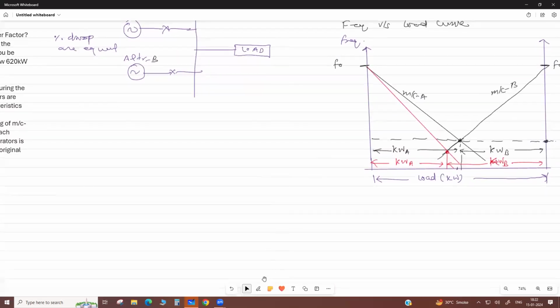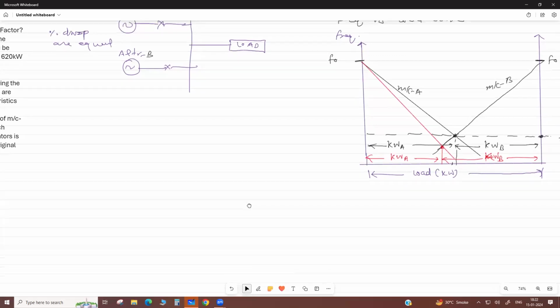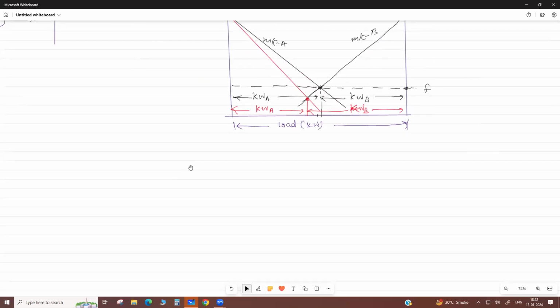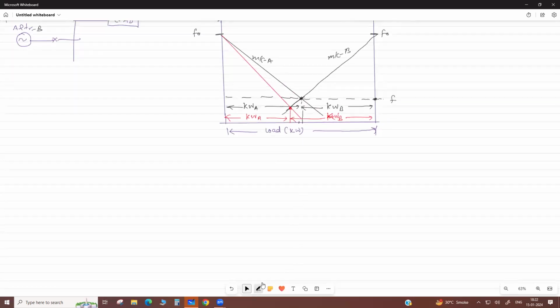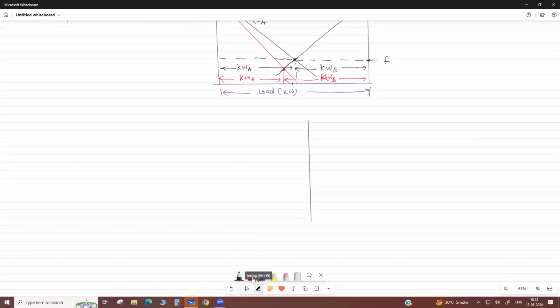Now for this curve, we can do another simplification. See, this frequency F we take as common for both machines. Now this is the load.